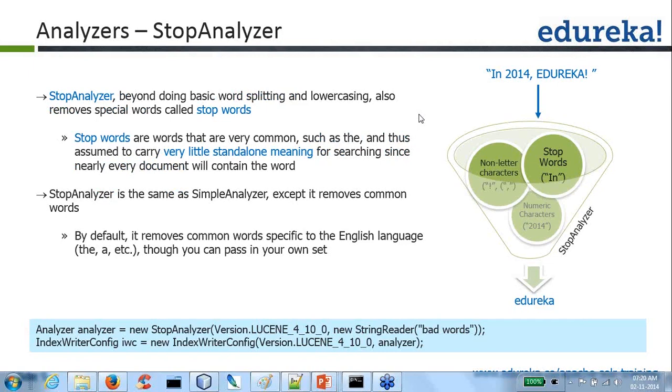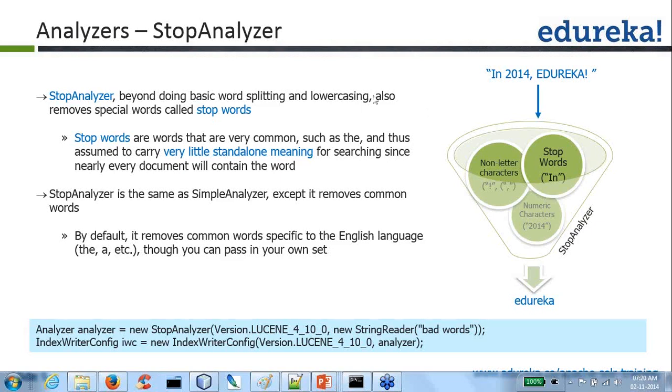So this is again a variation of the standard analyzer. For example, yesterday we spoke about how in some places you may want a little bit more control over the words. The standard analyzer restricts all the standard stop words, but it may not allow you to override with your own bad words or anything of that sort.